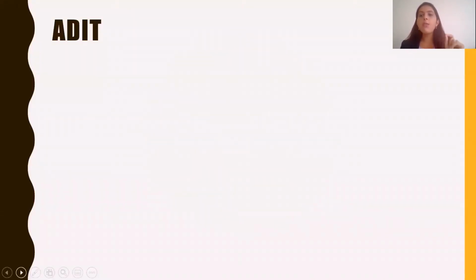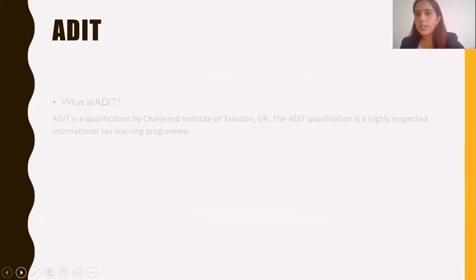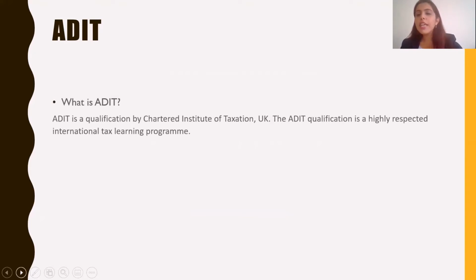ADIT, Advanced Diploma in International Taxation. What is this course? This particular course is a qualification by the Chartered Institute of Taxation, CIOT UK. This qualification gives you in-depth knowledge about international taxation, transfer pricing, laws of different jurisdictions, and domestic tax laws.